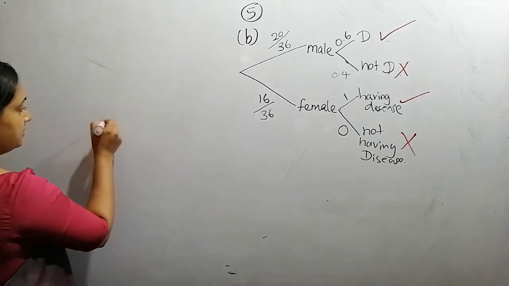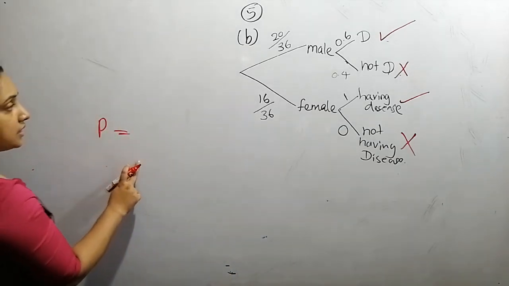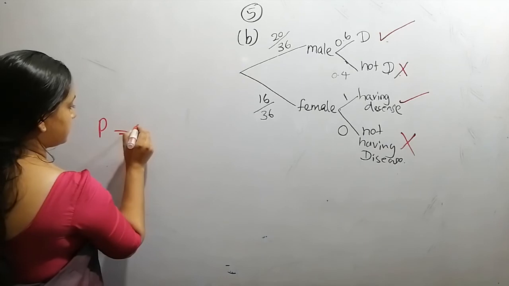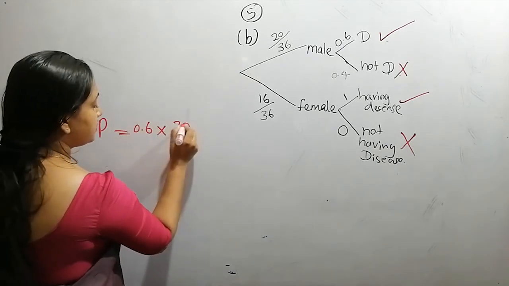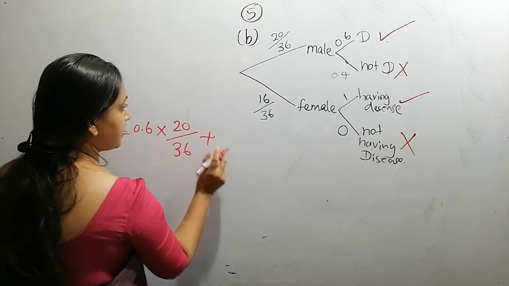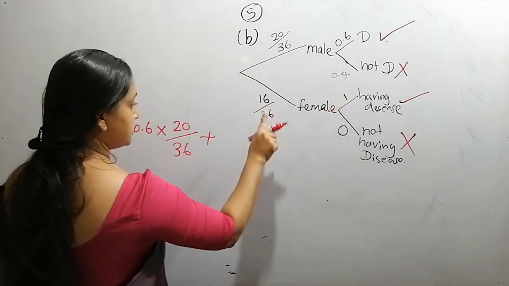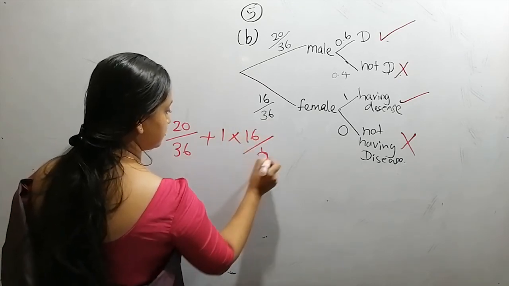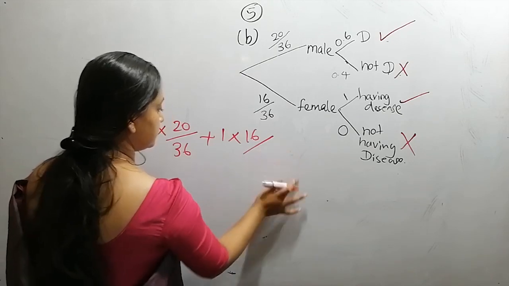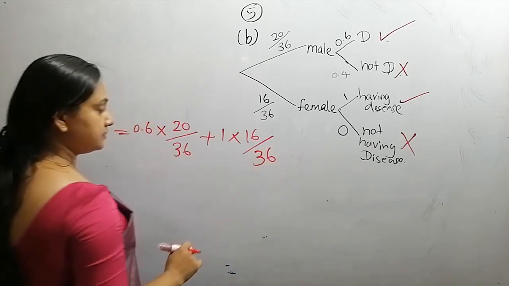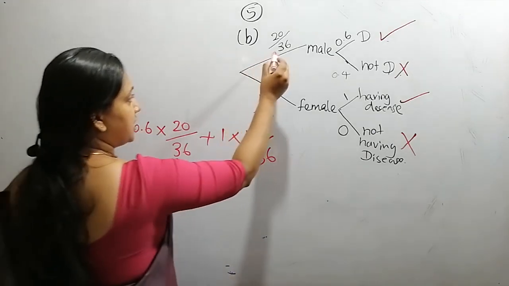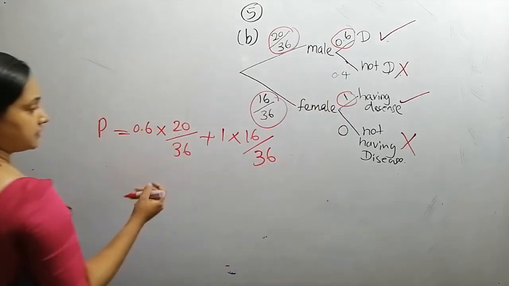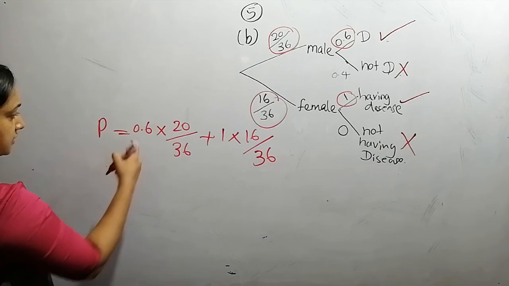Then we can get the probability of having the disease as 0.6 of 20 over 36 plus 1 of 16 over 36. You have to just multiply these numbers, then we can get the sum here.